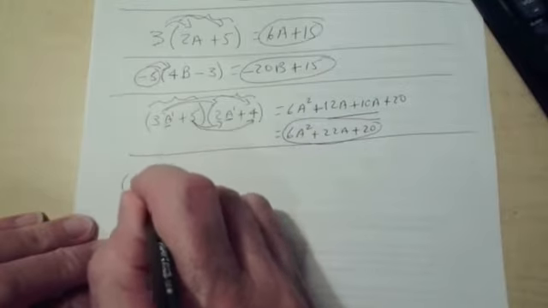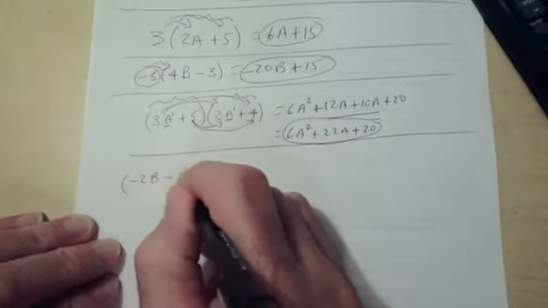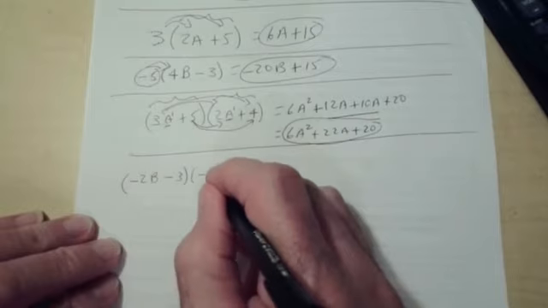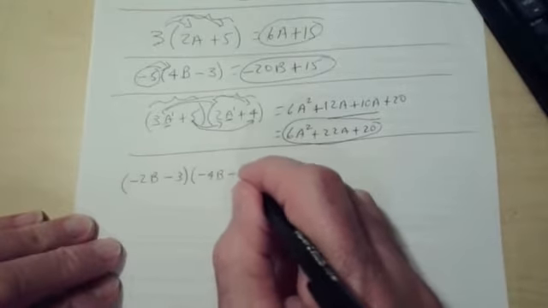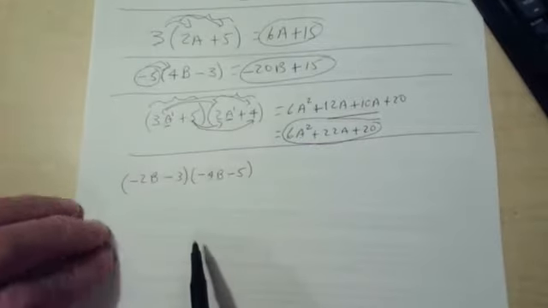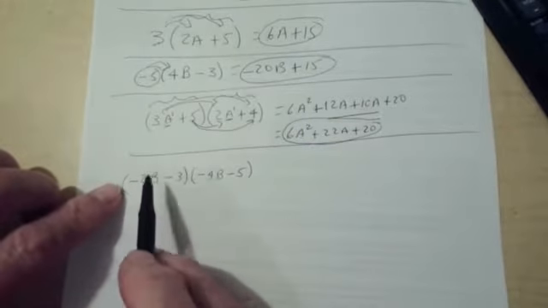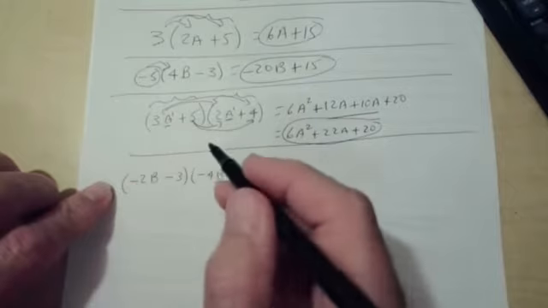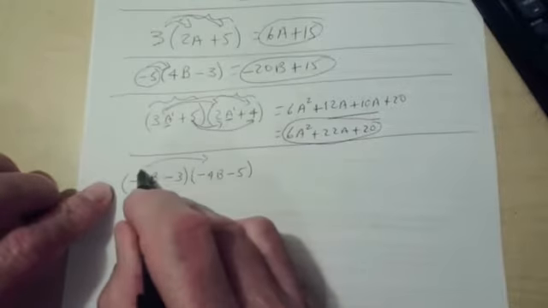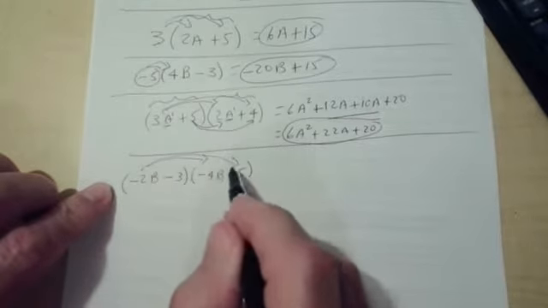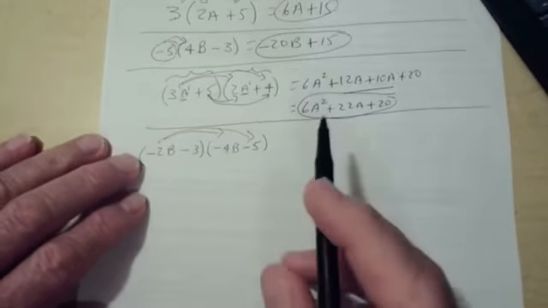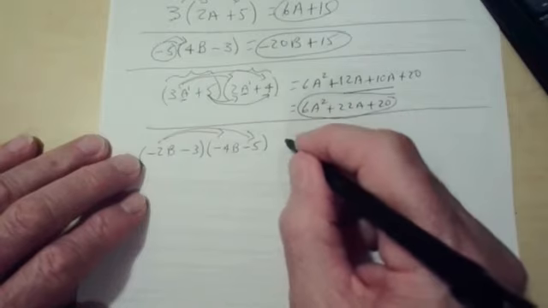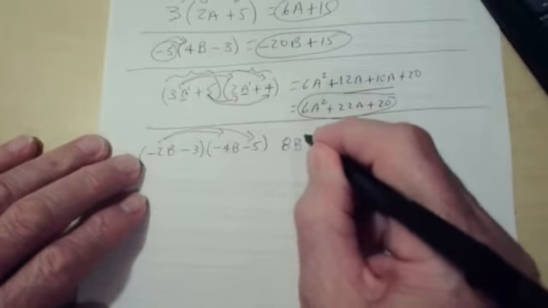Now let's use some negative numbers. (Negative 2b minus 3) times (negative 4b minus 5). Same thing. First we're going to start off with the negative 2b and multiply it by everything over here. First of all, negative times a negative is a positive 8b squared.